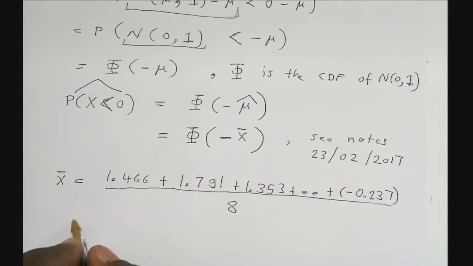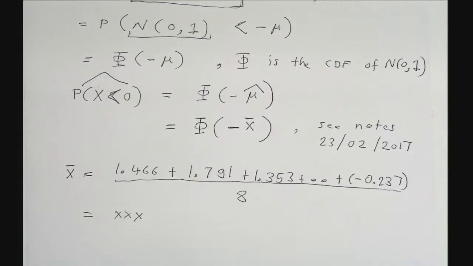So you have to work this out, guys. I don't have a calculator, so you just work it out, and whatever number you get, you sub it in here, and that's the answer. All right? Is that clear, guys? You okay, guys?